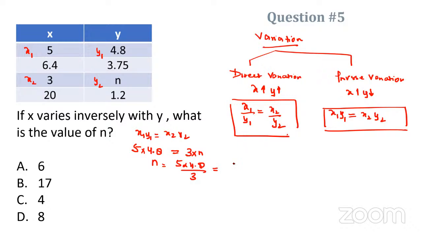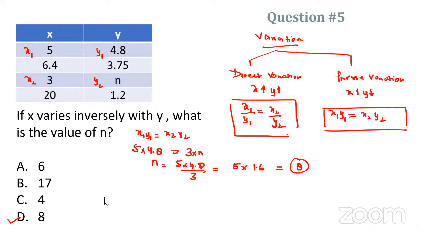This is nothing but 5 into 1.6, which is 16 into 5, that is 80. Because it's a decimal, it should be 8. So the value of n here is going to be 8.